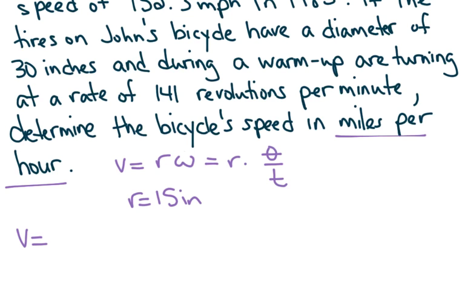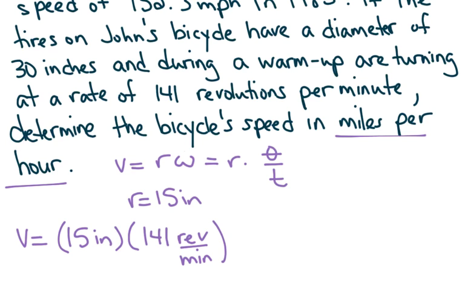So we're going to start by doing 15 inches. We're going to multiply that by 141 revolutions per minute. And then we're going to also multiply that by 2 pi radians, so that's going to change revolutions into radians.